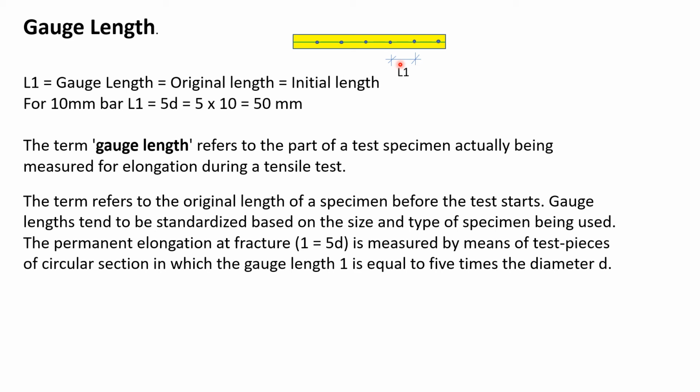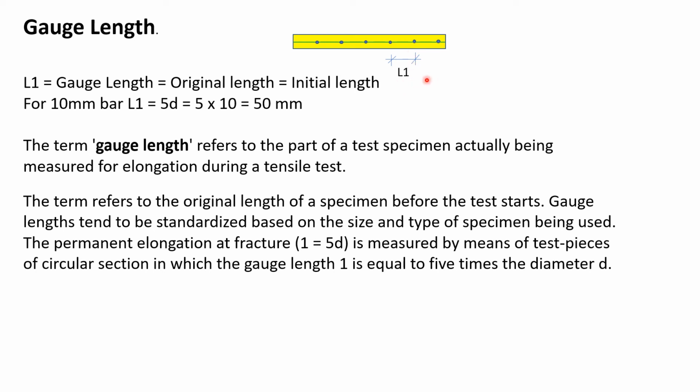What happens is, when the cup cone fracture takes place, suppose that the bar breaks in this region, then we join the two pieces together again after the piece breaks, and from this point to this point we measure the length. That is, what is the length after it has broken.